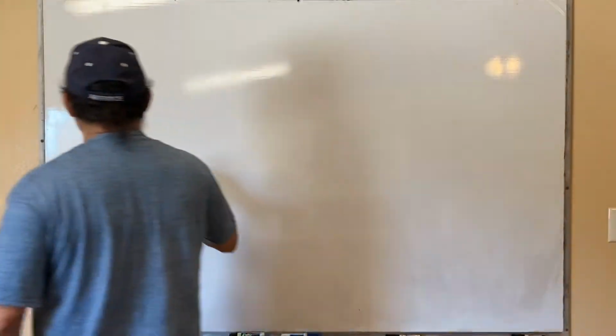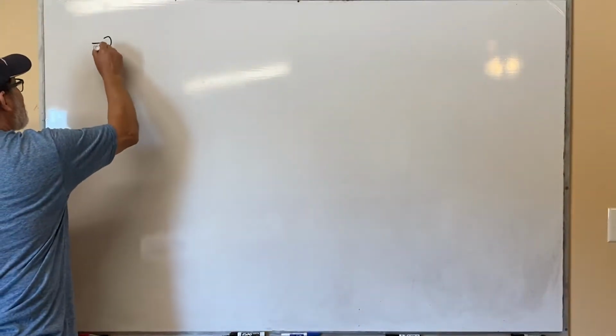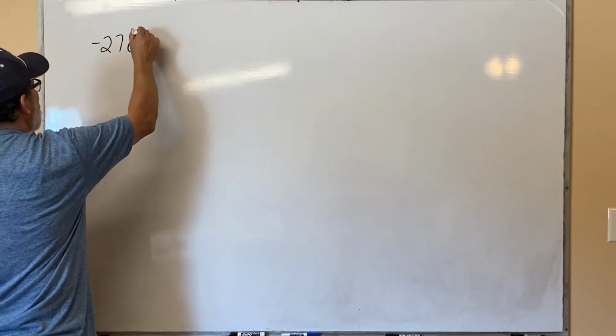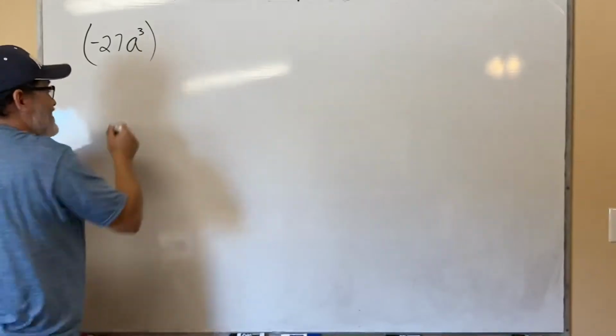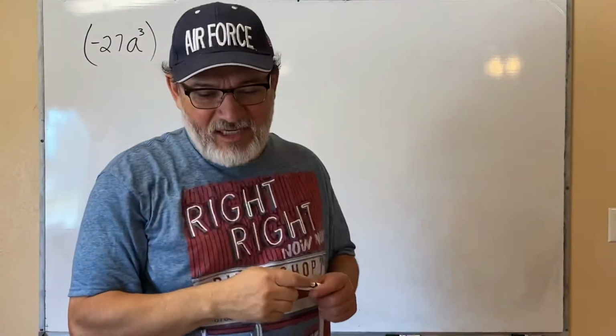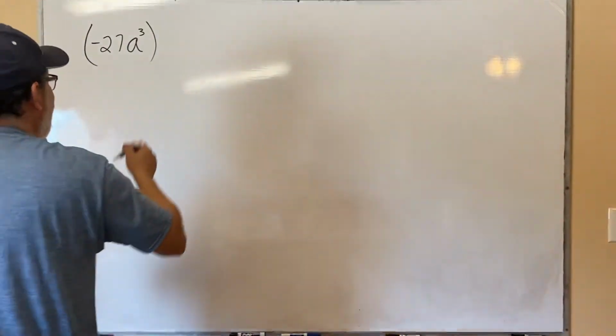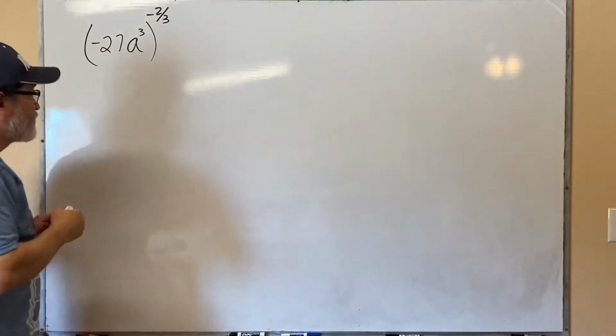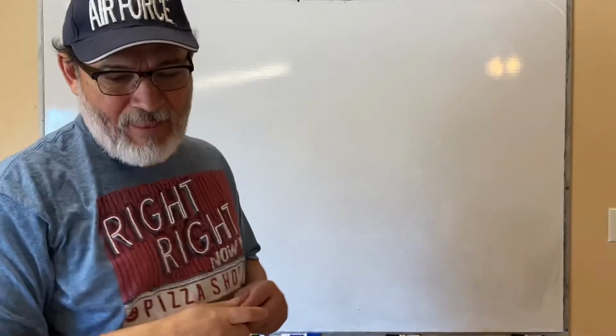Watch this. Take, for example, negative 27 a to the third, and this is raised to the negative 2/3. Okay?